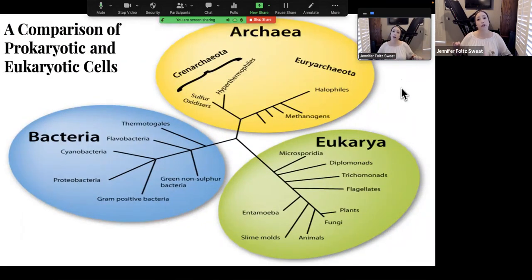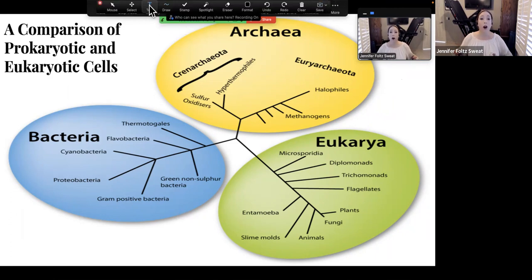Let's move on to discussing which organisms are prokaryotic versus eukaryotic. Prokaryotic cells are bacteria and archaea. So what you are seeing in this image, these are the three domains of life.